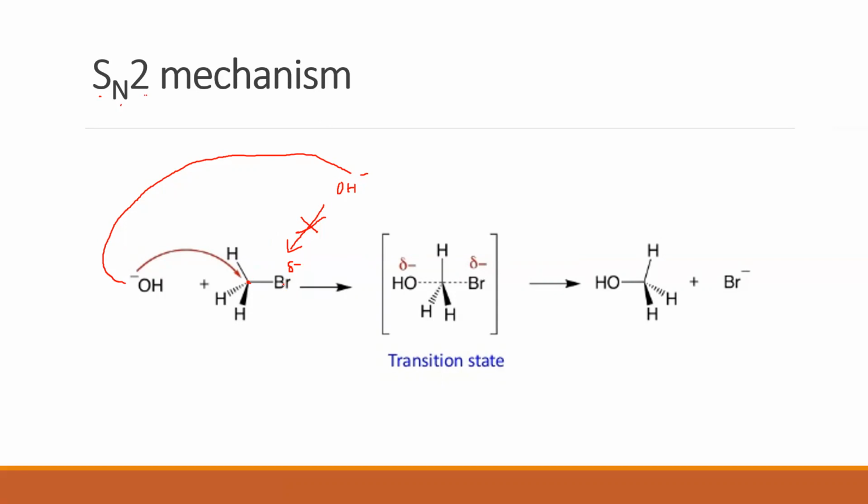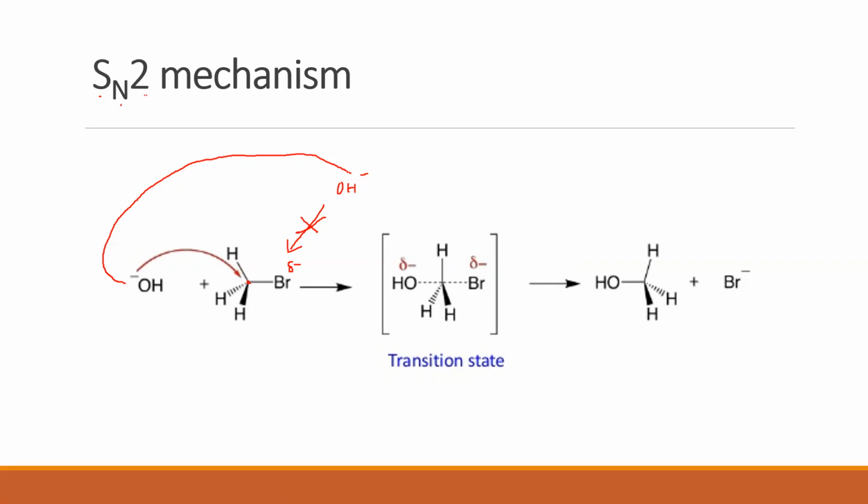Why can't it attack on the same side of the halogen? Because the halogen is also negatively charged. The nucleophile is also negatively charged. The moment it tries to come closer to this carbon, it is pushed back. It is repelled. Why? Like charges repel each other. Because of this repulsion, it cannot attack the carbon from the front side, the side in which the halogen is there.